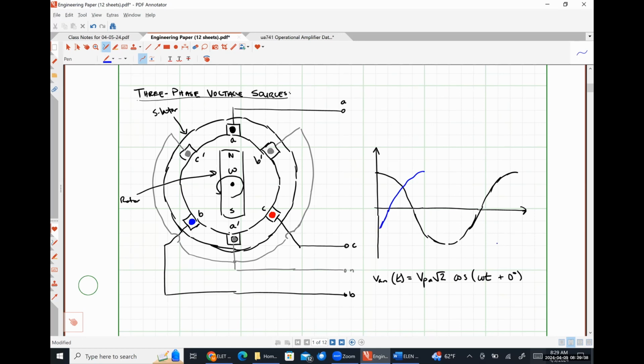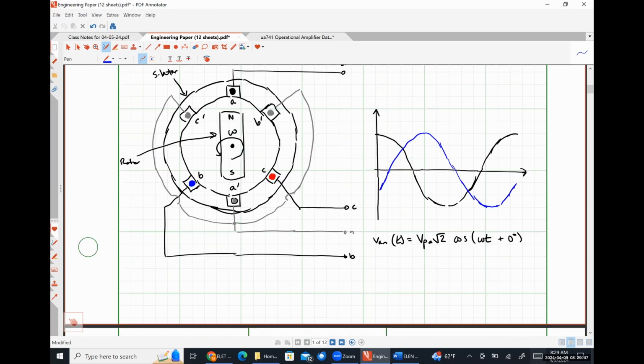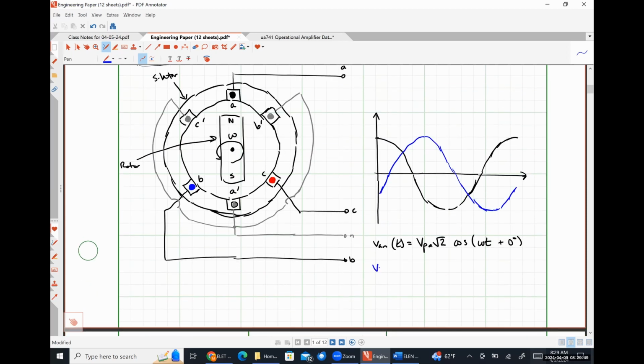And that would mean it'll hit its negative peak about there. So something like that, where this blue curve would be VBN as a function of time, will be VPB root 2 cosine omega t minus 120 degrees volts. Sorry, let me use units.